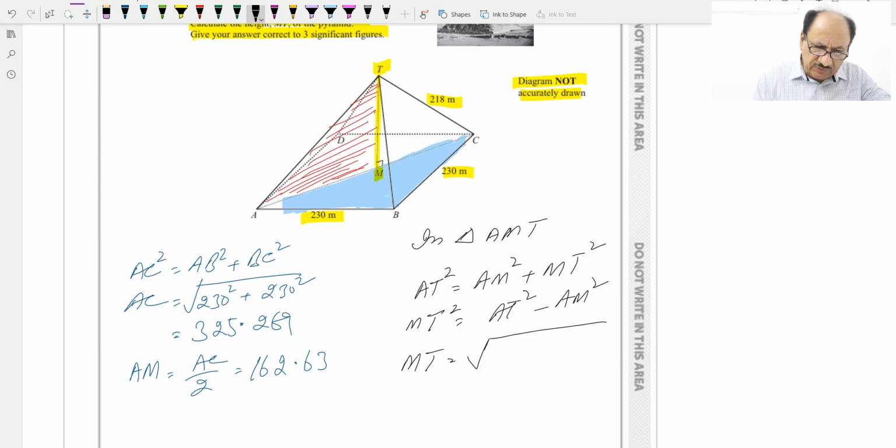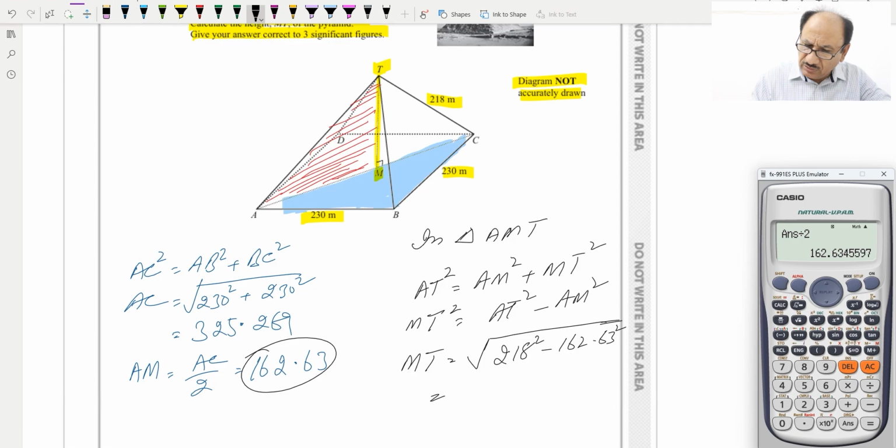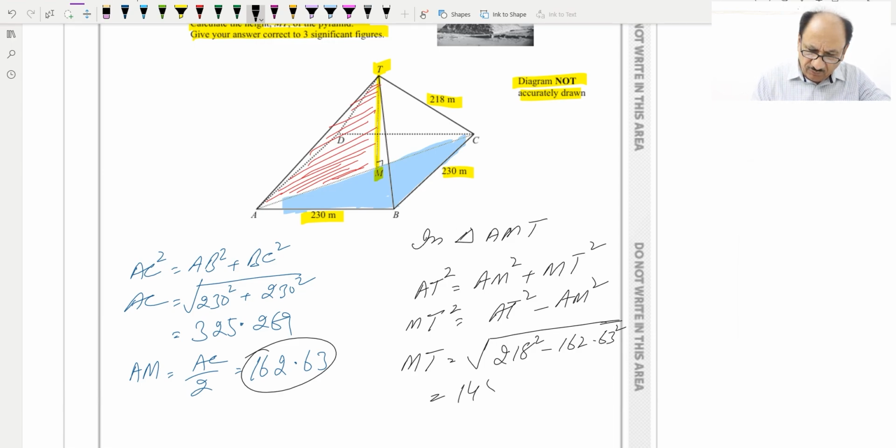AT is 218, so 218 square, and minus AM, which we just found, 162.63 square. We can use the calculator for this, and this will give us 145.17.